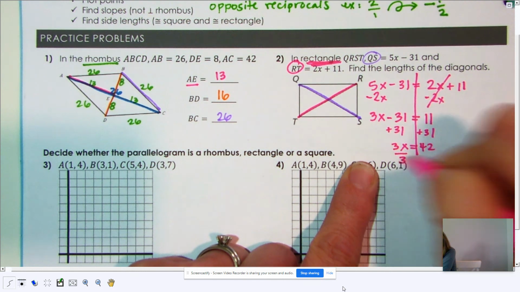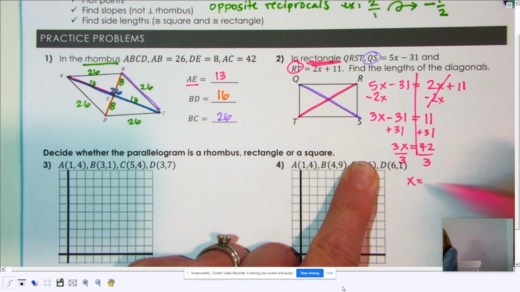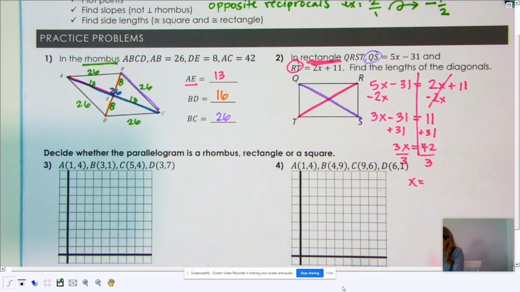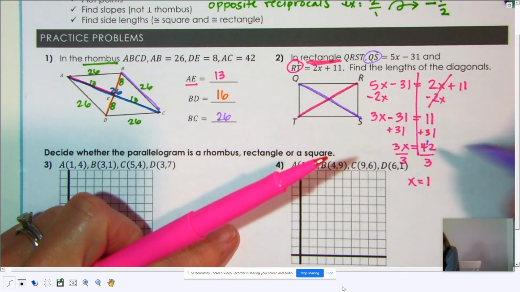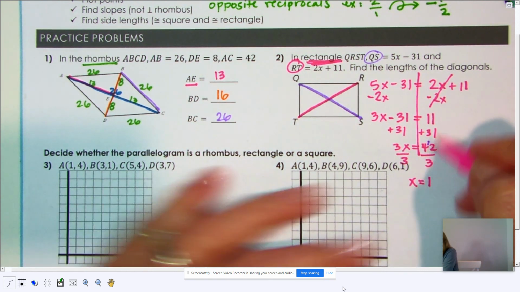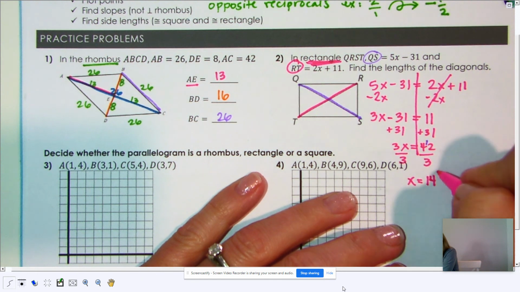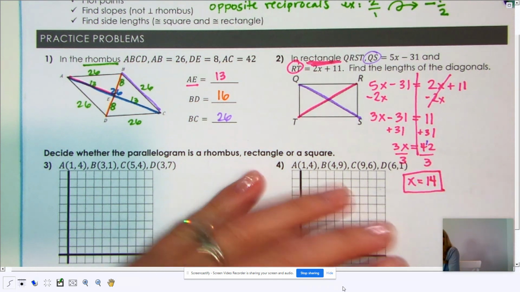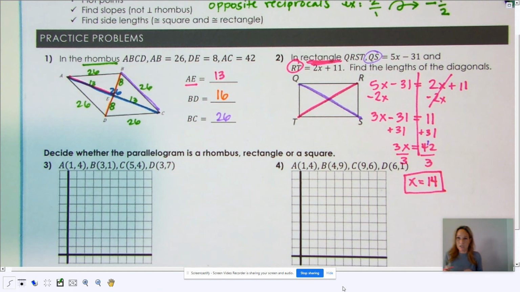Then I'm going to divide by 3, and I like to do short division. 3 goes into 4 one time with 1 left over, and now 3 goes into 12 four times. Even if you didn't know that math fact all the way up to your 14s, we can do short division and get the answer pretty quickly without a calculator.